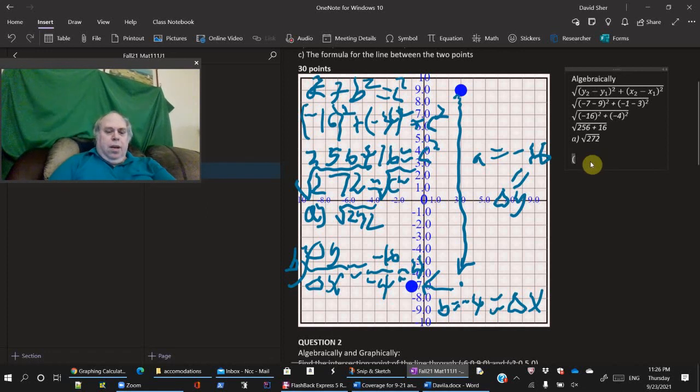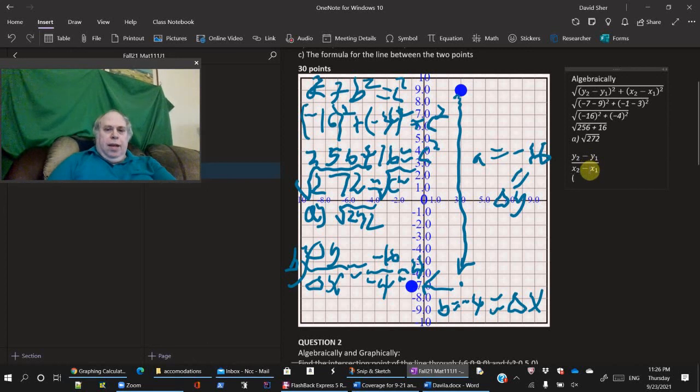Okay, and we have y2 minus y1 divided by x2 minus x1. And so that's our formula for doing this algebraically. Slope. Okay, so now we're going to plug in.